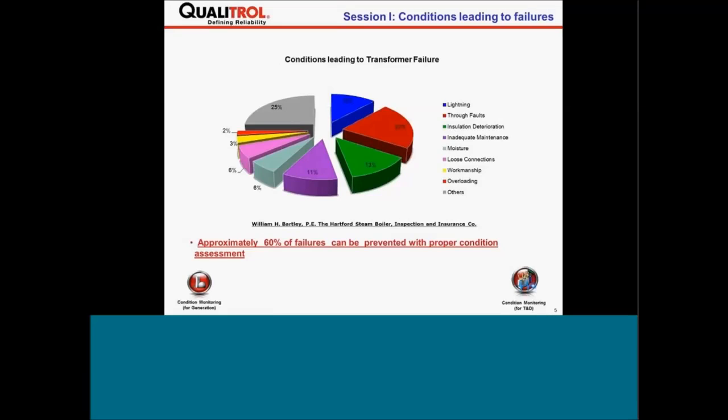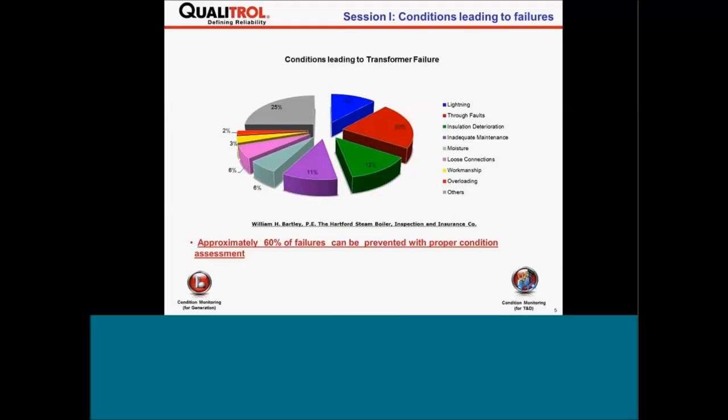A number of these can be preempted by indications that all is not well in the transformer, like insulation deterioration, loose connections, moisture.